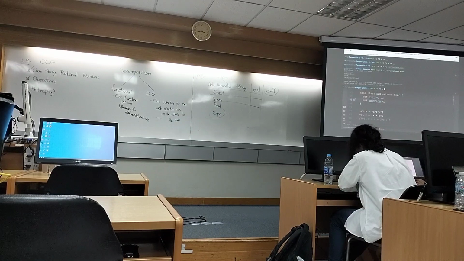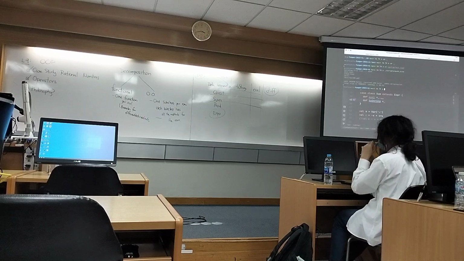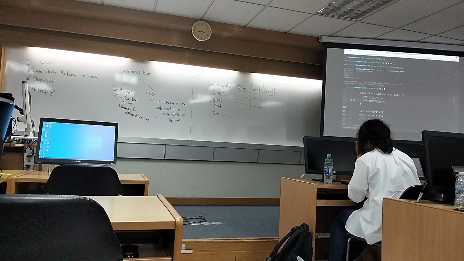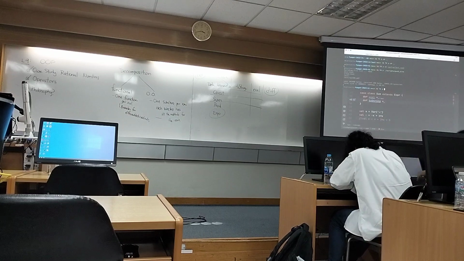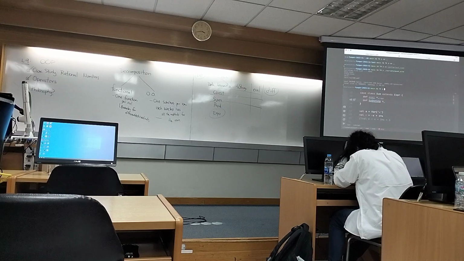Yeah, black magic. So before, when I say x plus 2, for example, you try it at home, right? Before we type in this line, you get an error because it doesn't know how to add an expression to a double. Because so far we only taught it that if you see an expression and the right hand side is another expression, it will return the sum of whatever is on the left hand side and the right hand side.